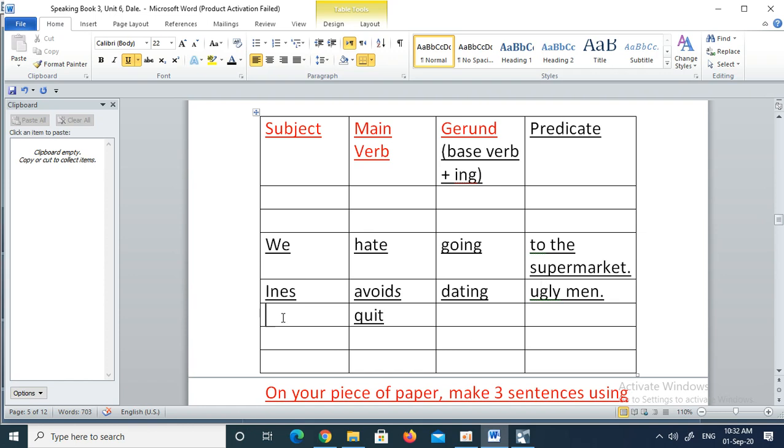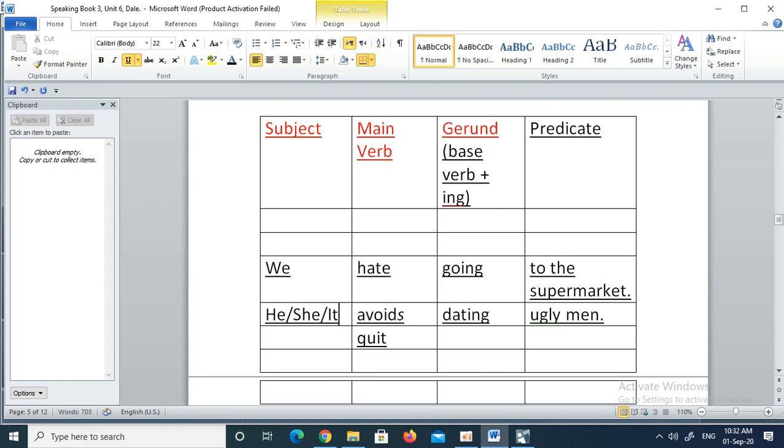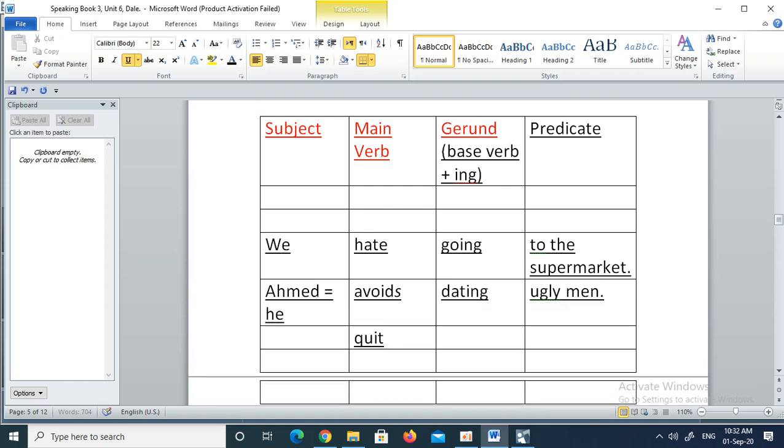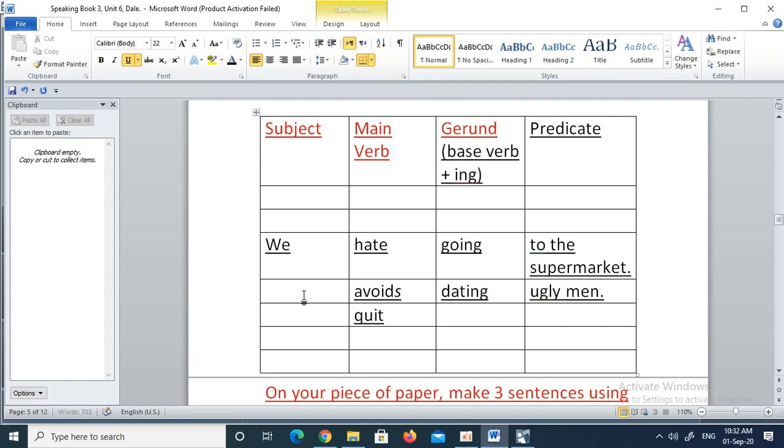You can give me any other sentence you like, but just remember, because there is an S there, your subject has to be he, she, or it, or it has to be a female or male. Ahmed is fine because Ahmed equals he. He is one male. Okay.